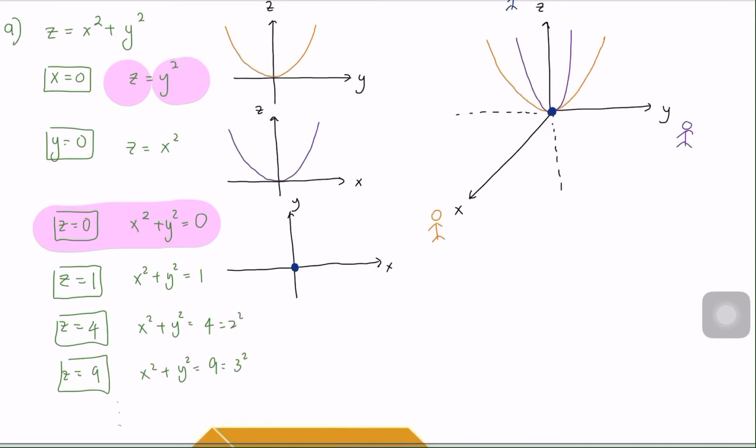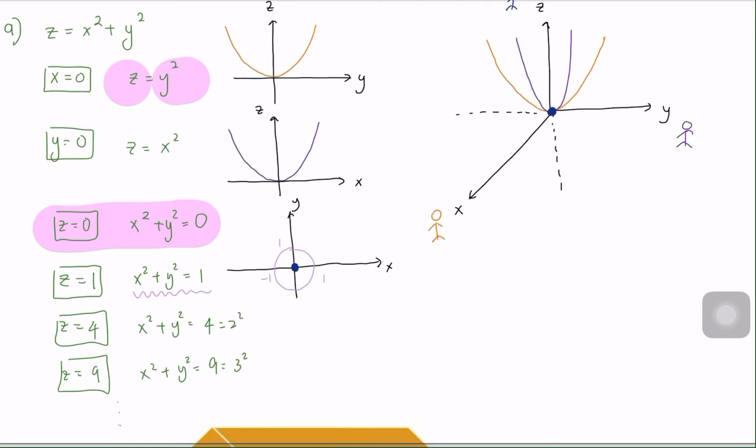So what we have here is, for x squared plus y squared equal to 1, a radius of 1.